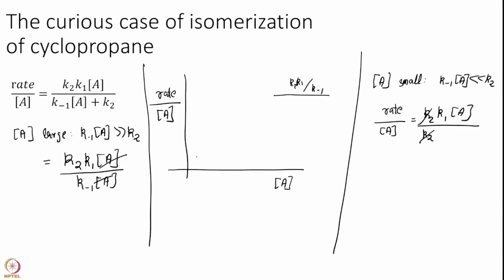So, here I will get something that is proportional to A. So, you get a curve that looks like this, similar to the one that you get in experiment. Experiment, by the way, does not match exactly with this observation, and you need to do a bit more to get the experimental result exactly right, but that is a story for another course.